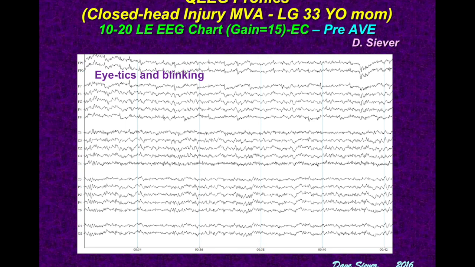Again, very low voltage, choppy looking stuff. T3 and T4 have a little bit of muscle that got in, and she's blinking her eyes a lot. She can't seem to stop this tick that's in her eye. That's related to anxiety. It's an anxiety tick. And you can see it on the top records, FP1, FP2, F7, F8, and these little ticks are showing up from her eyes ticking away.